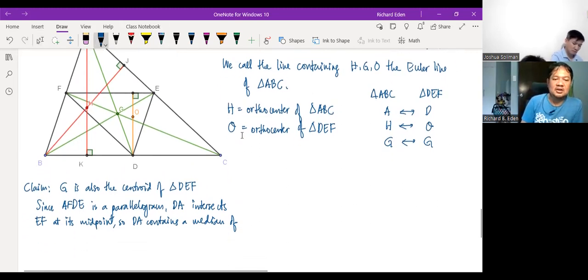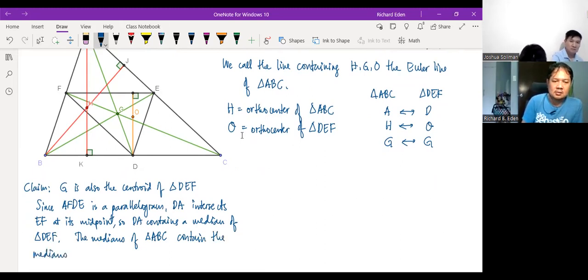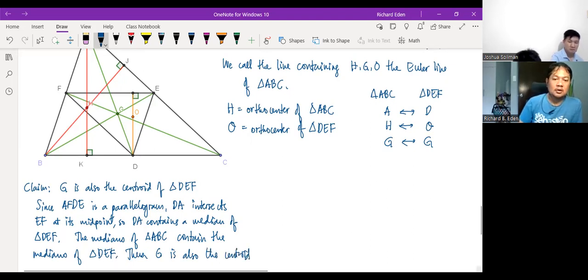So the medians of triangle ABC contain the medians of triangle DEF, and thus G is also the centroid of DEF.